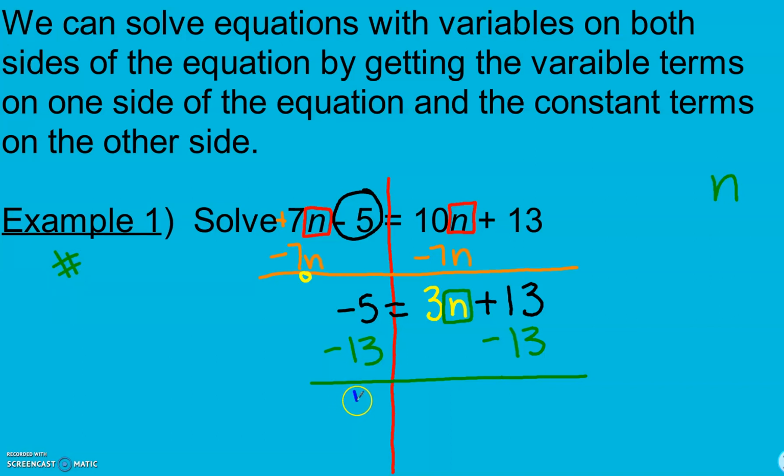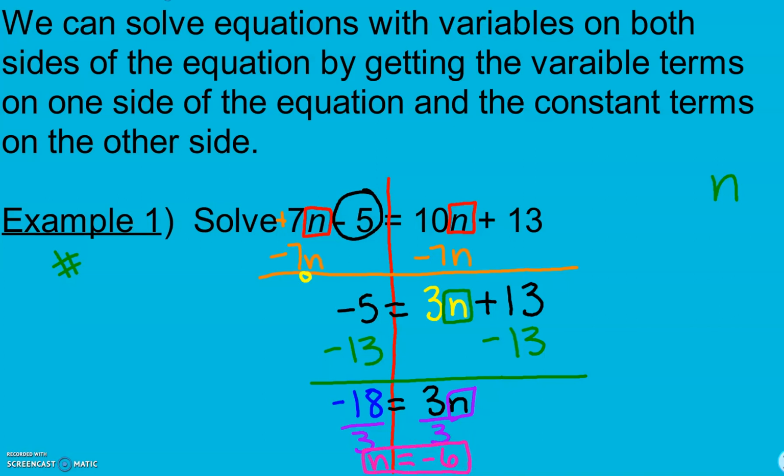Negative 5 minus 13, same signs, we add them up, give the common sign. And in that step, I did not change my variable term. Now, my variable is being multiplied by 3, so we get rid of it by dividing. And here we get n equals negative 6, or negative 6 equals n.